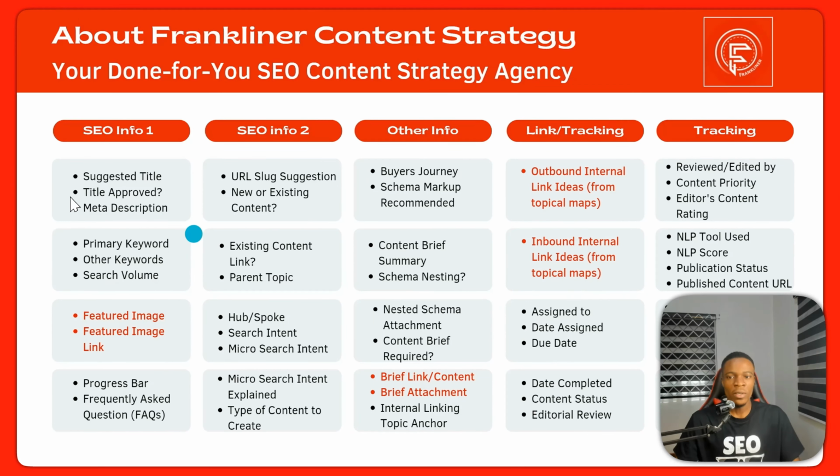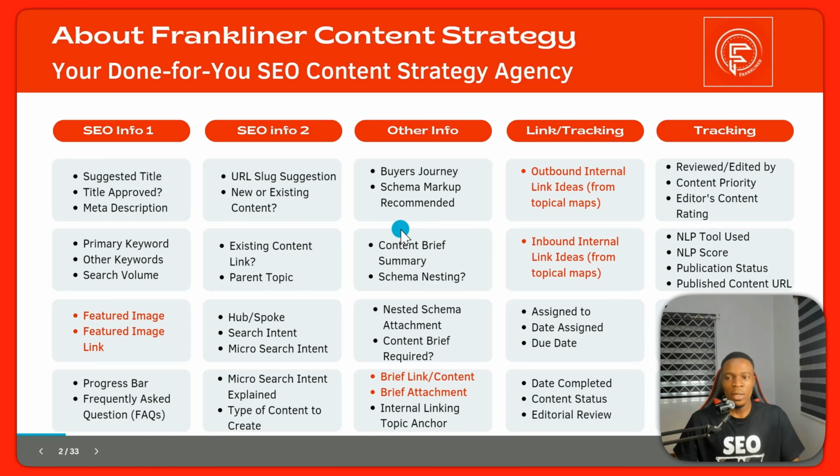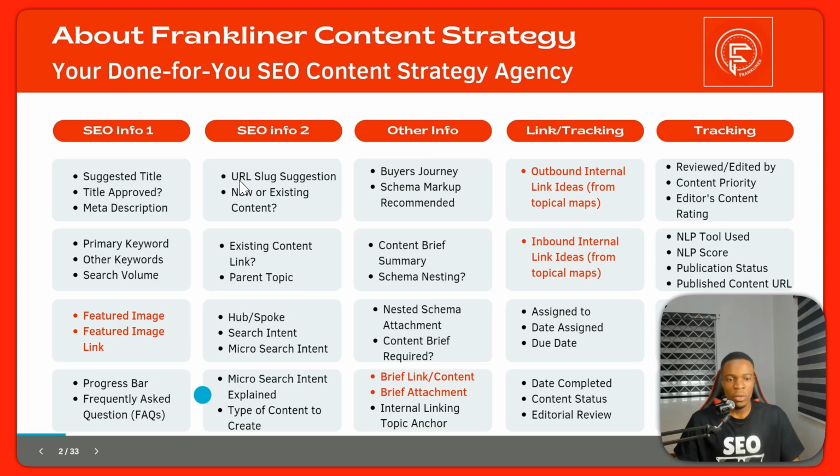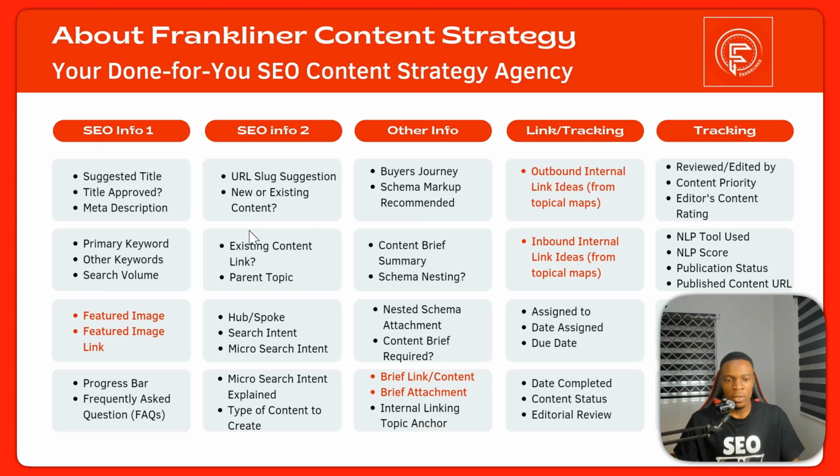First off, the goal of my agency is to help you plan your content effectively. From content planning to optimization, we got you covered. In the Airtable content calendar, there are a couple of columns. There's a column for title, primary keyword, featured image, frequently asked questions, and URL suggestion, that is your URL slug, right?